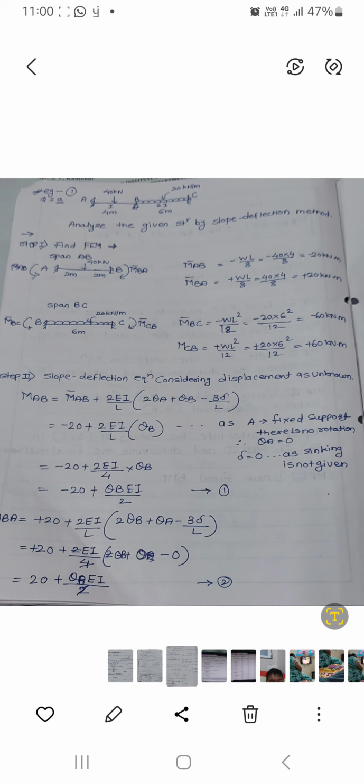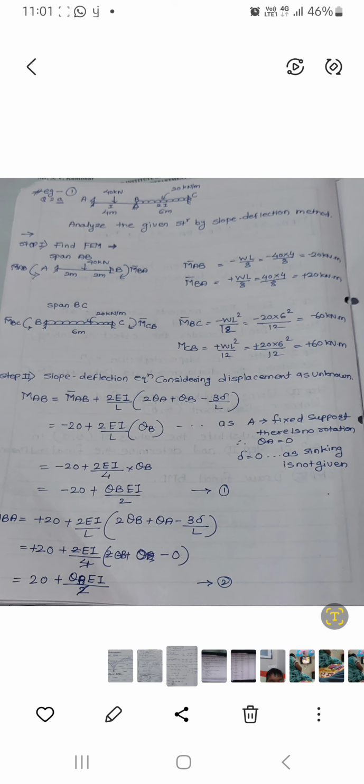For the span having UDL, the formula is WL square by 12. Again we have to use the sign convention, that is anti-clockwise moment is taken as negative and clockwise moment as positive. So minus WL square by 12 and plus WL square by 12. Just put down the values and calculate the answers. Okay, so in this first step, we have calculated the fixed end moments.